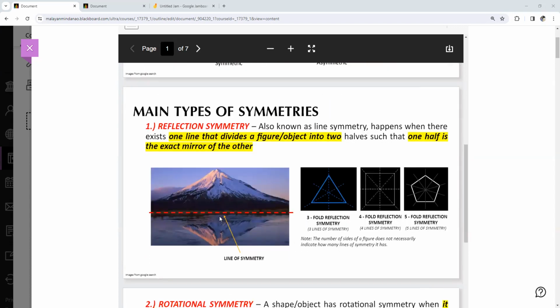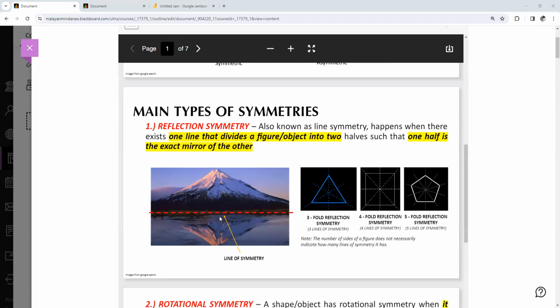And there are several main types of symmetry. The first is reflection symmetry, also known as line symmetry, because if you draw a line, it divides the figure or object into two halves such that one half is the exact mirror of the other.